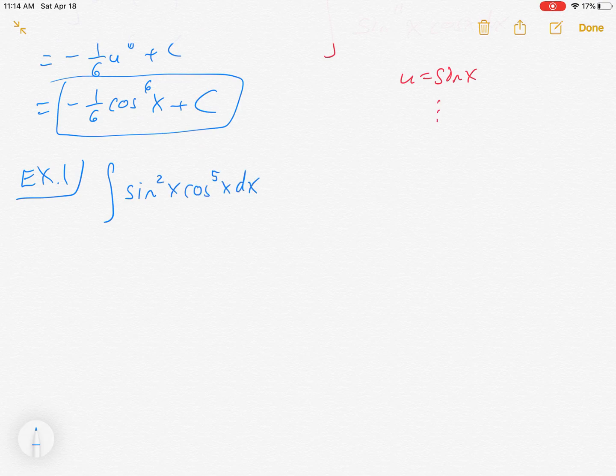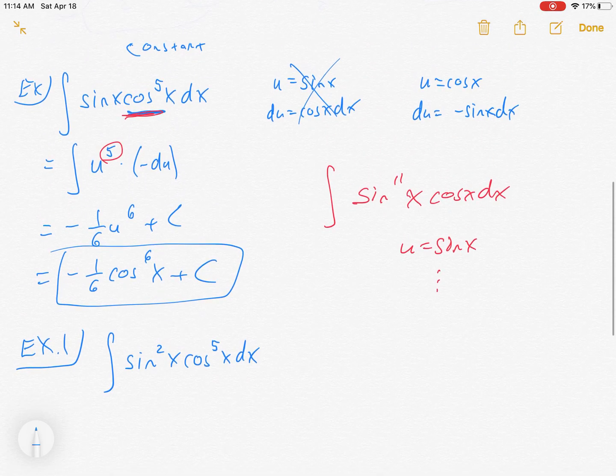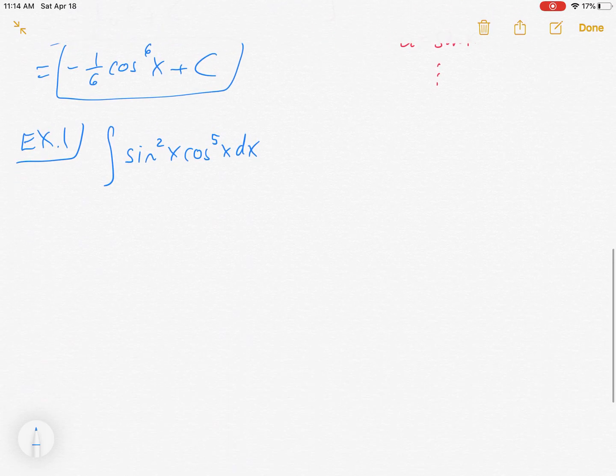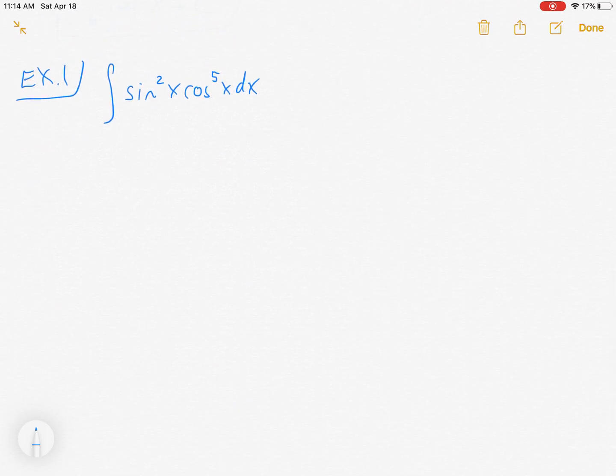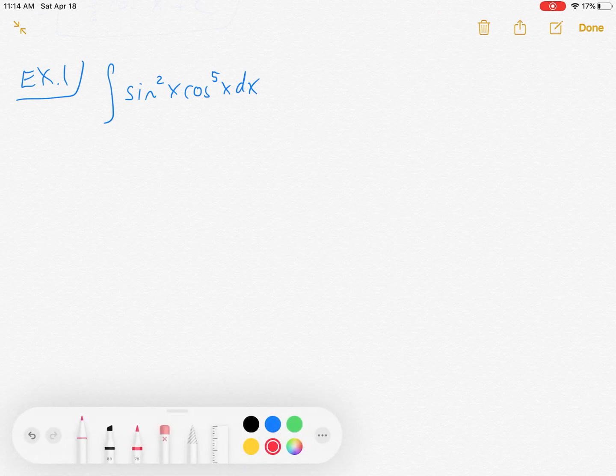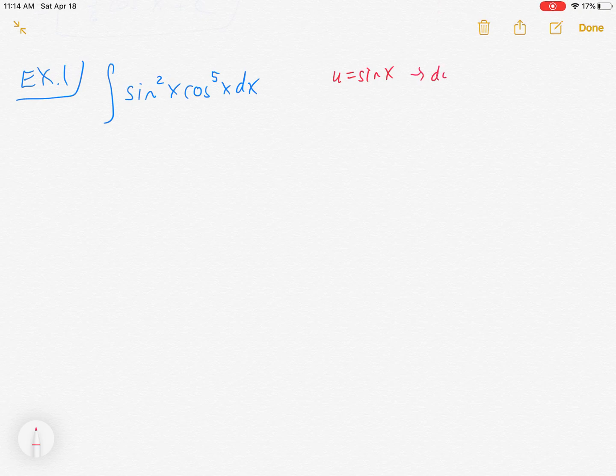So this is truly my first example for 8.3. I'm going to make one tiny change that's going to cause some problems. Now I have both of them with powers, and the only difference is I bumped sine up one degree. What are we going to do? Let's run through our options.